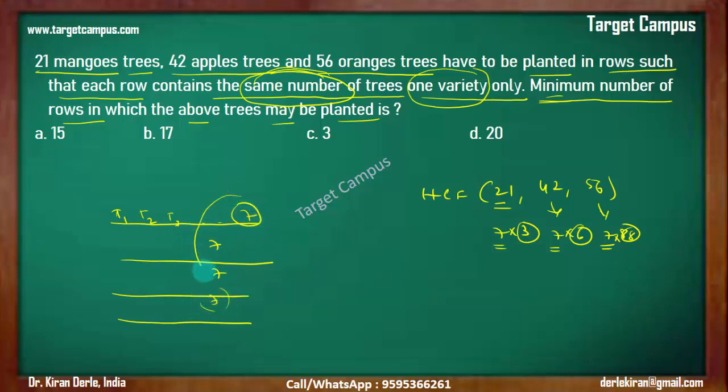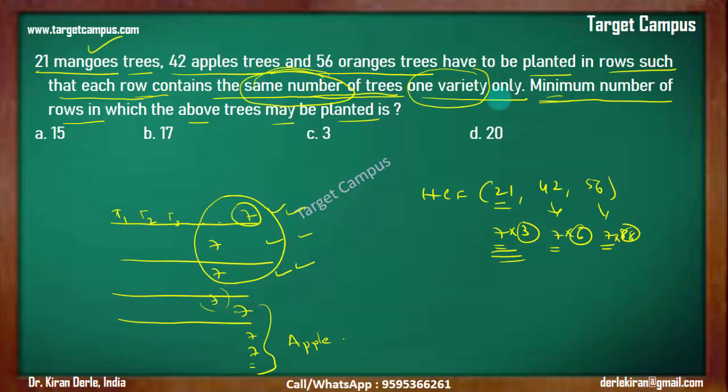Like this, in 3 rows we have the mango variety. In another 6 rows, we have 7, 7, and we have apple trees over there. So we are considering all the conditions: each row contains the same number of trees, 7, 7, 7, and one variety only in each row.